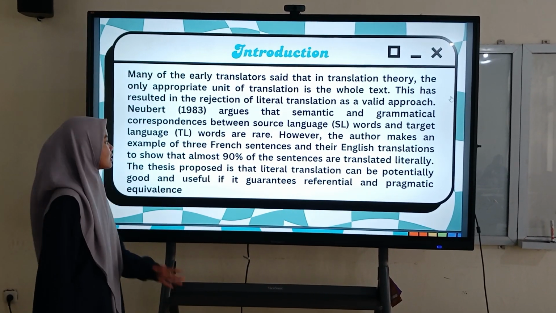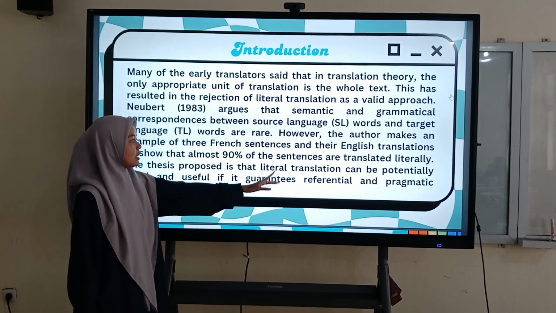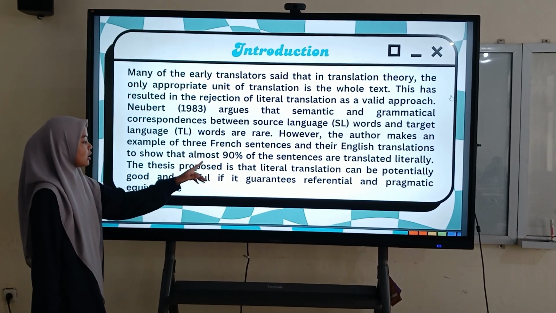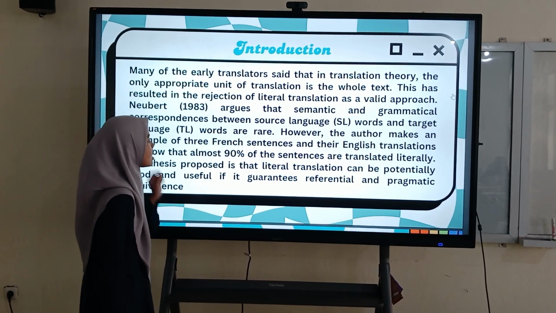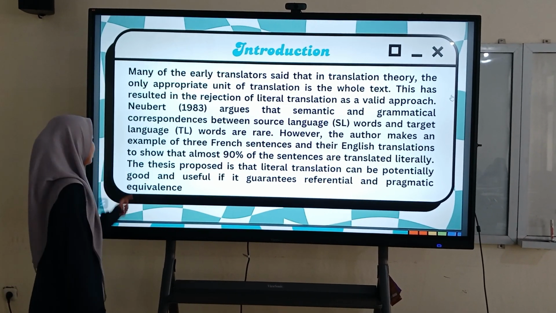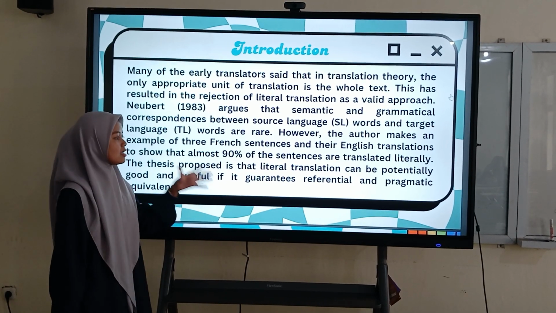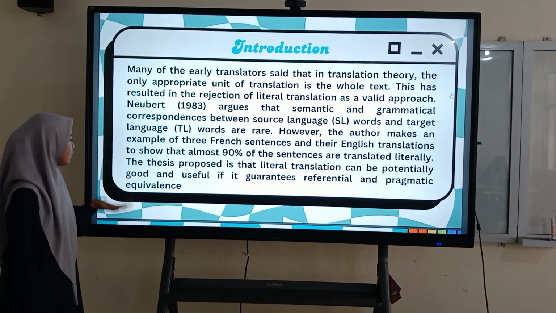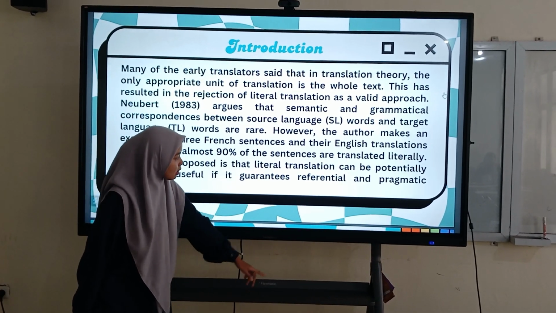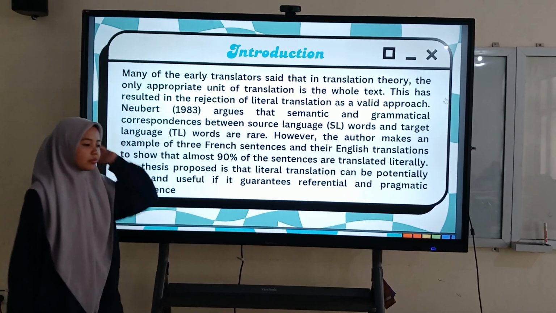However, the author gives an example of three French sentences and their English translation to show that almost 90% of the sentences are translated literally. The thesis purpose is that literal translation can be potentially good and useful if its words have referential and pragmatic equivalences.